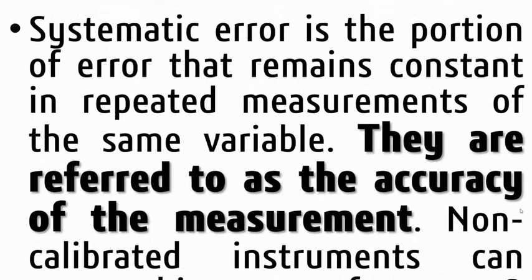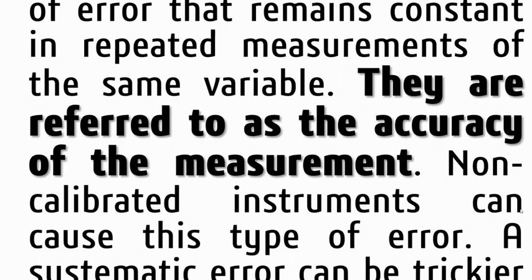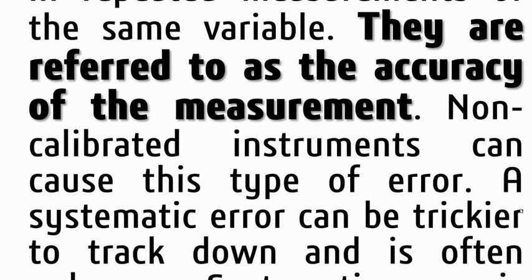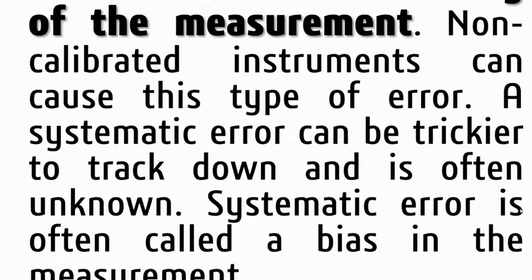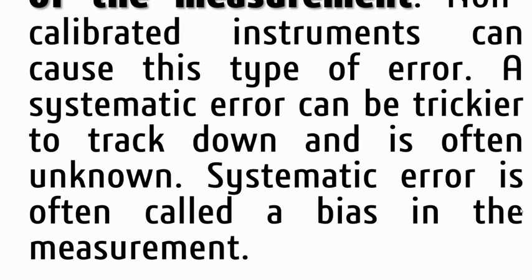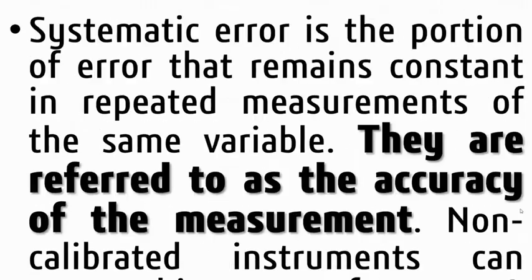So we say that the errors remain constant on the same variables, and they are referred to as the accuracy of measurement. Non-calibrated instruments can cause these types of error. A systematic error can be trickier to track down and is often unknown. Systematic error is often also called the bias in measurement.